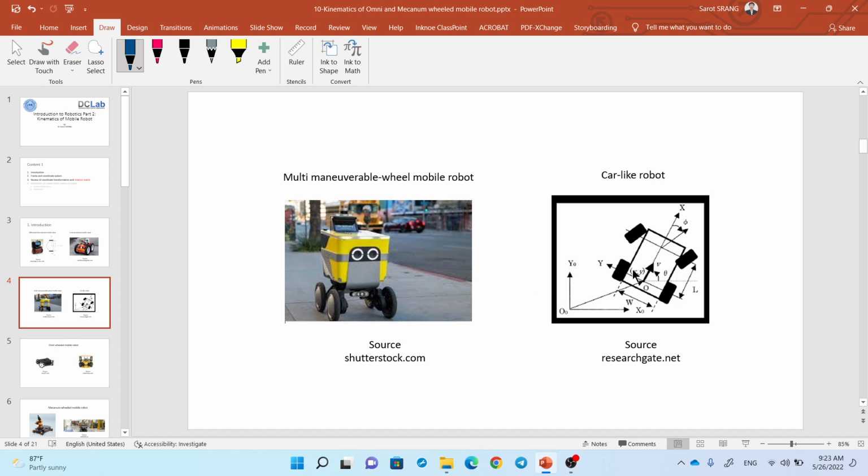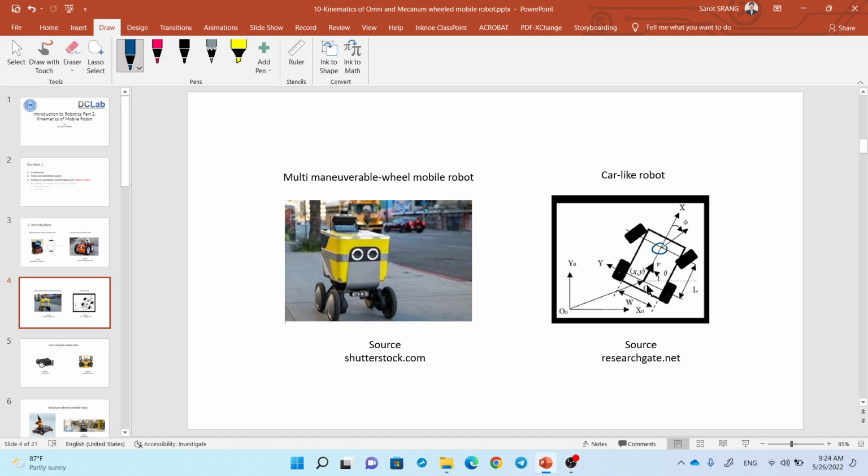And this one is called a car-like robot. It has steering to change the angle of the front wheels, and the rear wheels have differential drive.